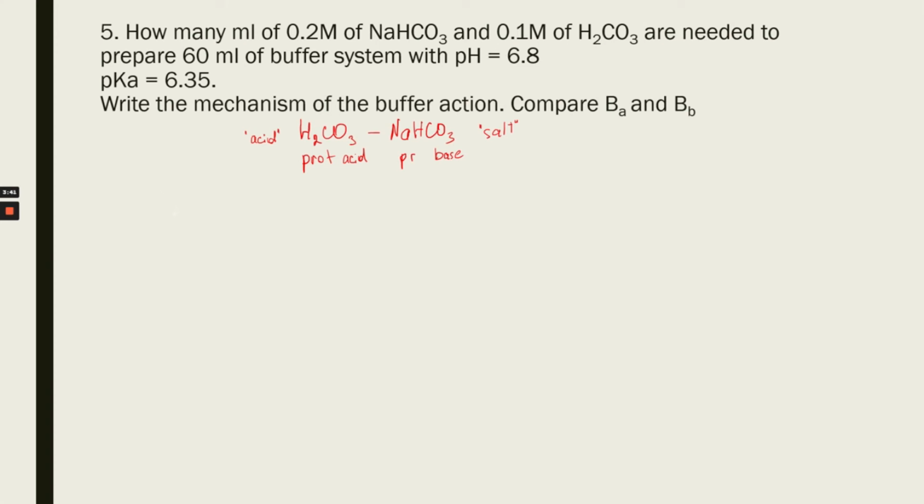In your home task, while preparing for laboratory work number 3, you will do the same calculation. So first you have to write the formula for pH. pH equals pKa plus logarithm of the number of moles of salt divided by the number of moles of acid.